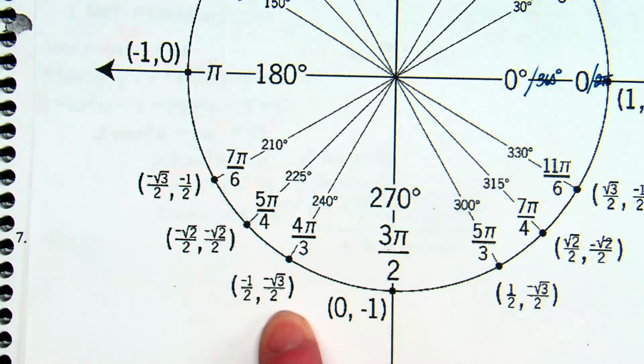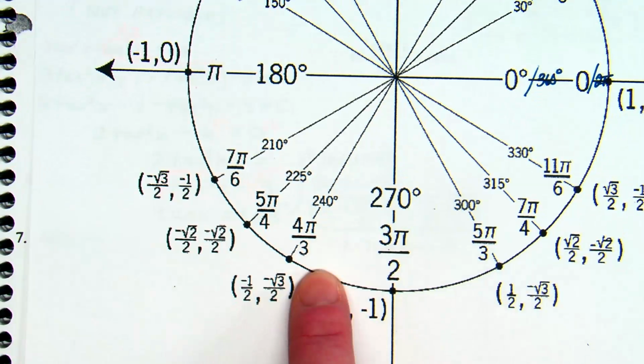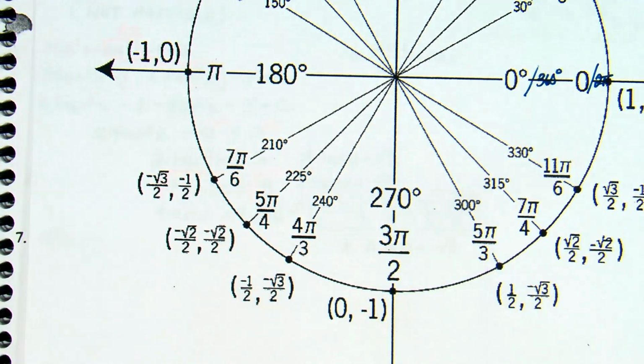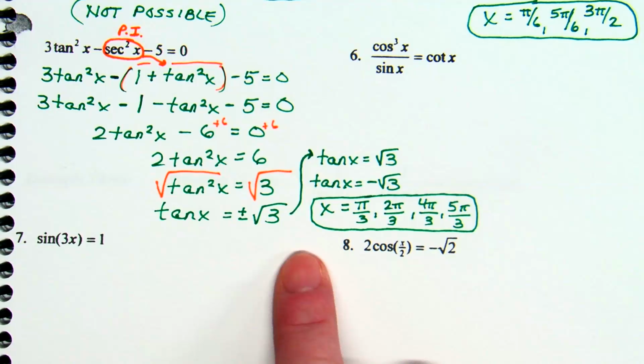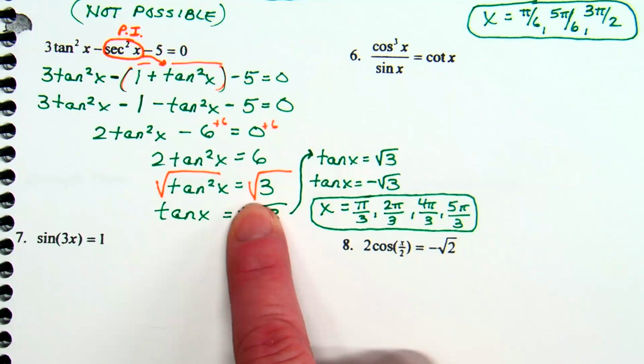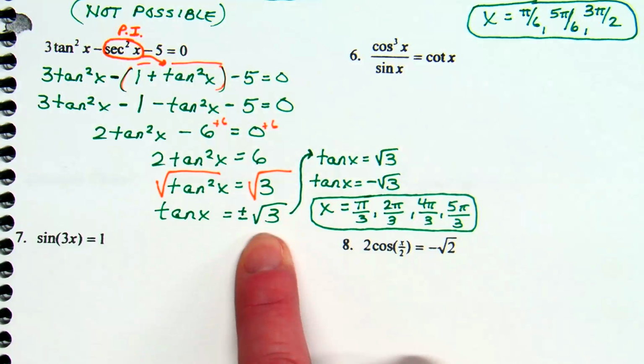So the idea here that it was tangent squared x equals 3. So then when we take the square root of 3 in an equation setting is plus or minus square root of 3. And so we had those 2 answers for the positive square root of 3. So now when does tangent equal negative square root of 3?